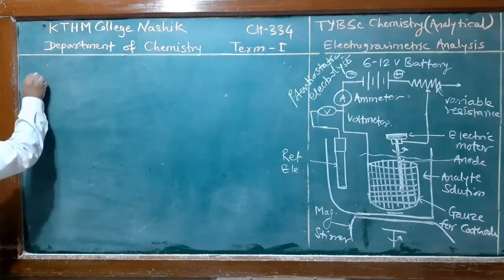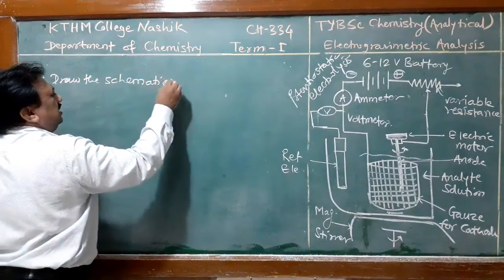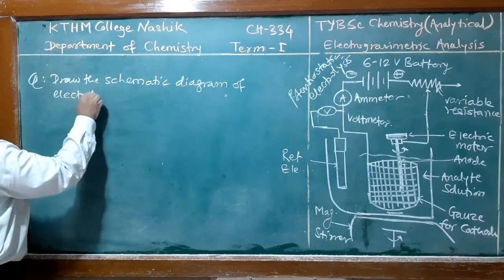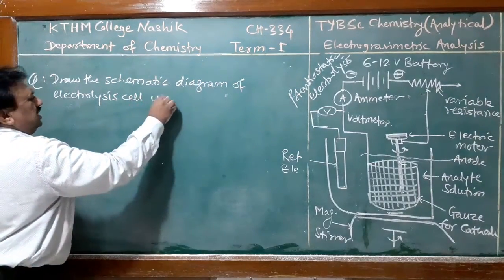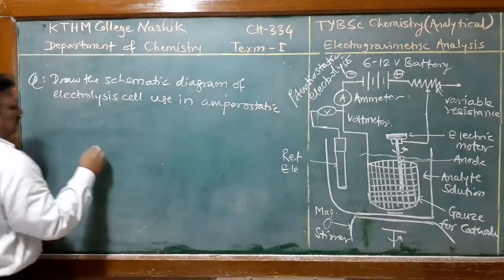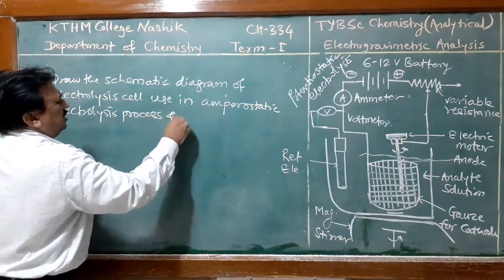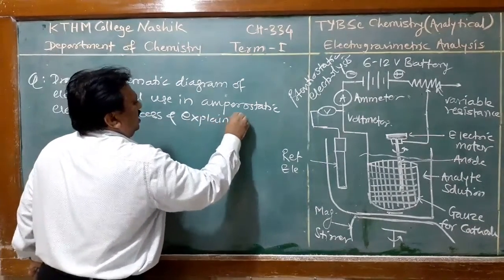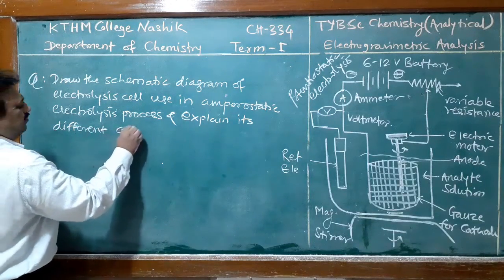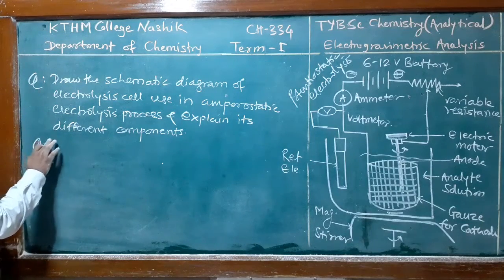The question is like this: draw the schematic diagram of the electrolysis cell used in the amperostatic electrolysis process and explain its different components, meaning components of that electrolysis cell.